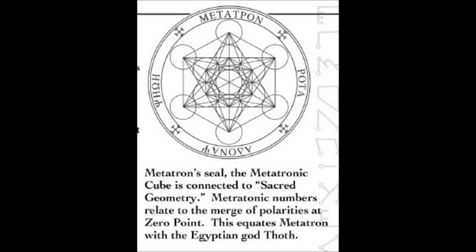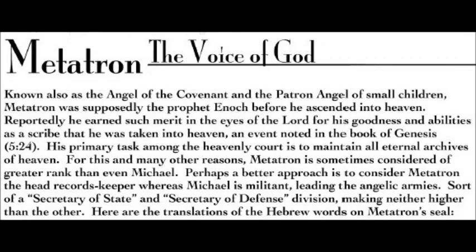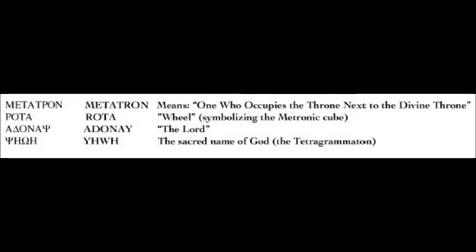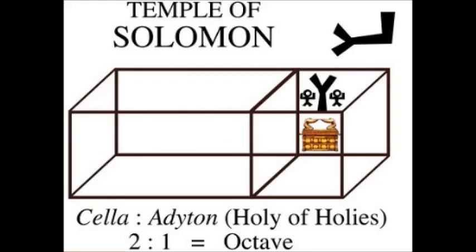Supposedly Metatron is Enoch transfigured, and it seems like it'd be synonymous to the lesser face in Kabbalah as compared to the greater face of the greater pattern, the Tetragrammaton. Another example of the octave.